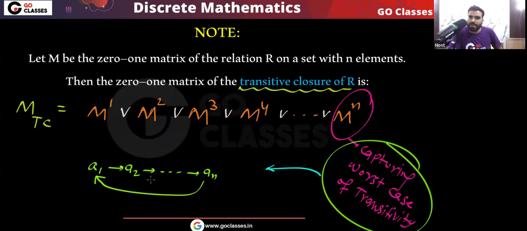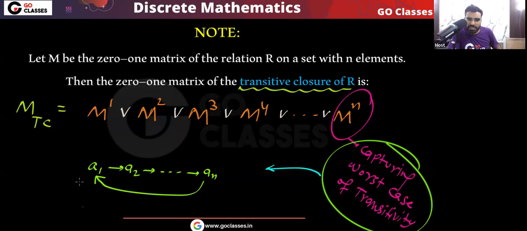Now you tell me, if I add m power 0 when we are having reflexive transitive closure, then that m power 0 will provide me the self loops, so I don't need m power n. Do you agree with me?